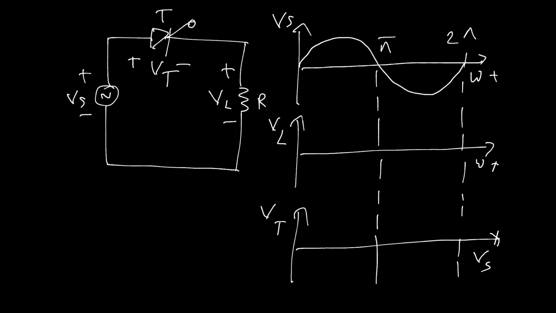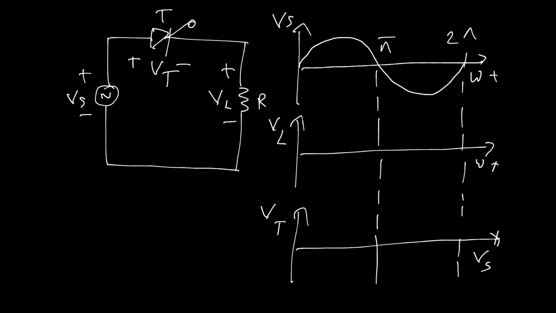But when you do not switch on, the switch remains open. That means the total voltage appears across the switch. So actually the voltage is distributed in this way. When the switch is closed, the voltage appears across the load. When the switch remains open, the voltage appears across the switch only.